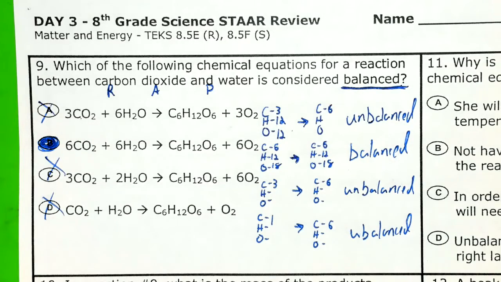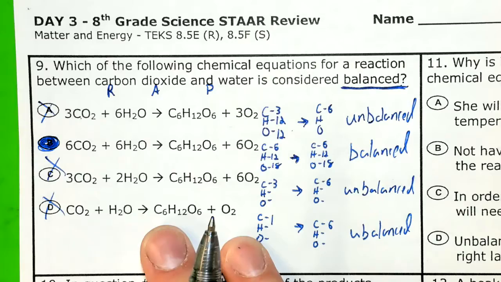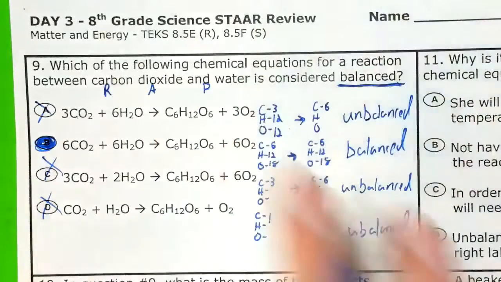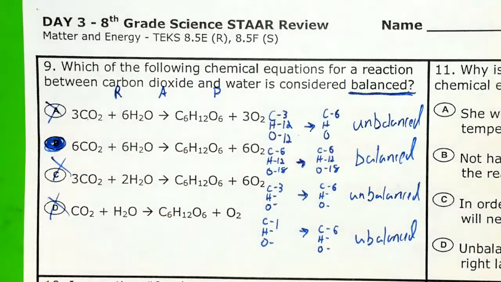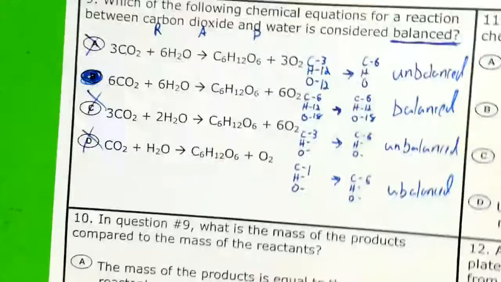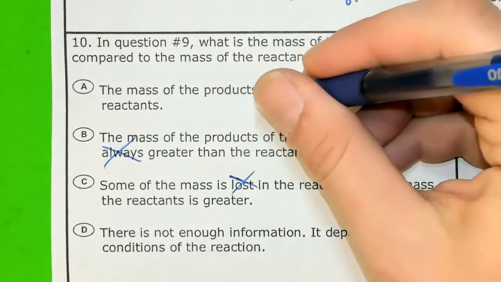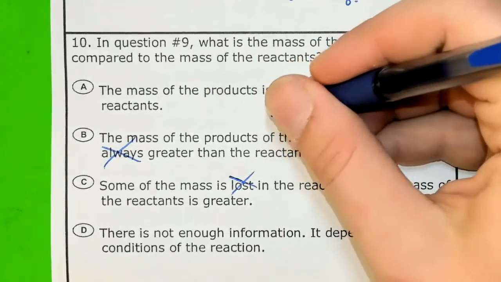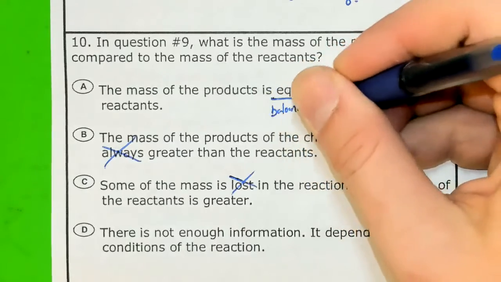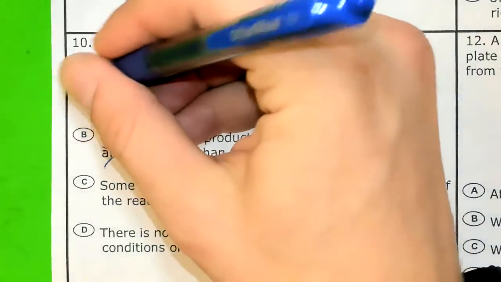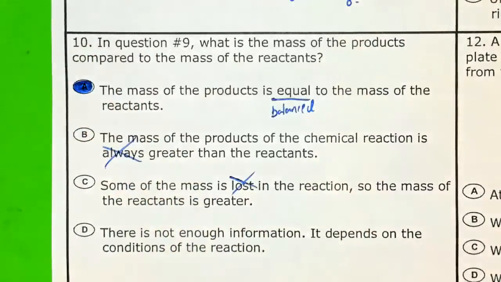The law of conservation of matter says that these cannot exist. Either something happened, right, and the experiment was altered in some way, or this never happened at all. So the only answer choice, guys, here for number 10 is that they're equal. And guys, equal means balanced. Their only answer choice is A.